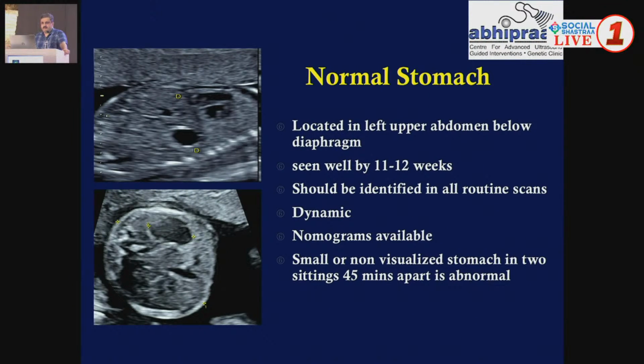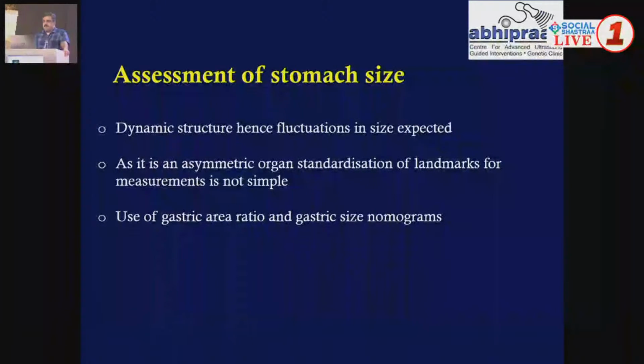If you don't identify the stomach, make the patient wait, see it again, call the patient back till you're convinced that there is an absent stomach, or it can fill up much later, because it's a dynamic structure. Whenever you feel that there is an apparent enlargement, do know that there is a nomogram available.